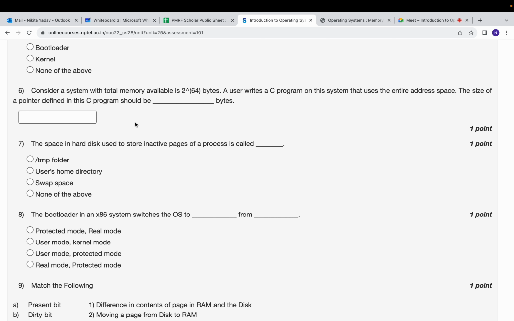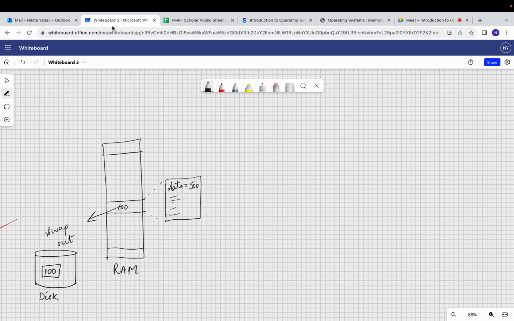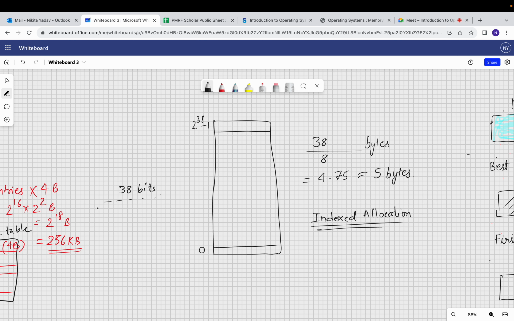2 raised to 64, how did it become 8 bytes, madam? I think it's explained here. Your memory map is of size 2 to power 64 bytes, so addresses are from 0 to 2 to power 64 minus 1.